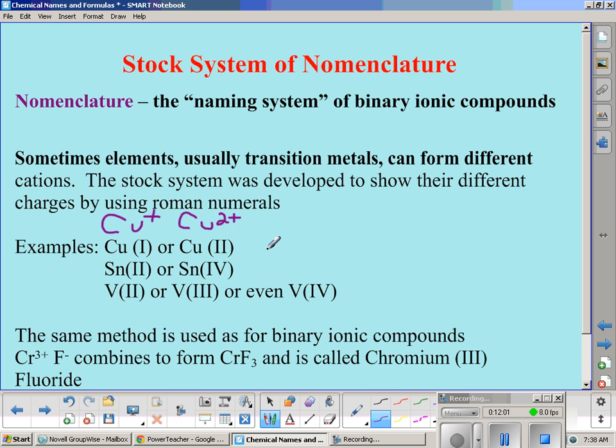So when we write out the names of these, we put in Roman numerals. We'll put copper 1 or copper 2. We need to show that when we're writing out names of compounds. So copper can do this, tin can do this, many transition metals can do this. Pretty much every transition metal is going to have a positive charge on it.